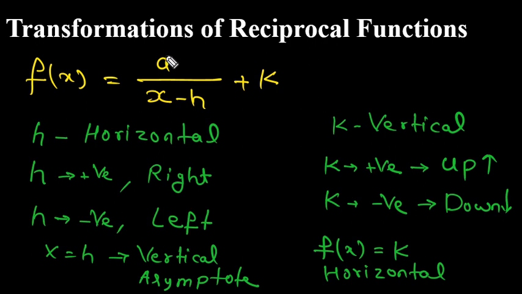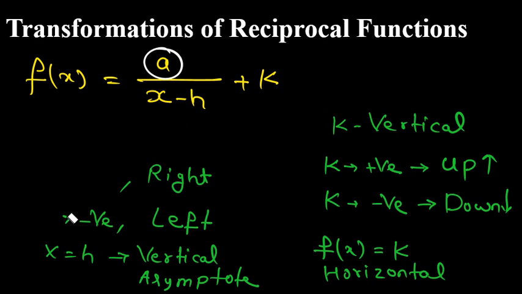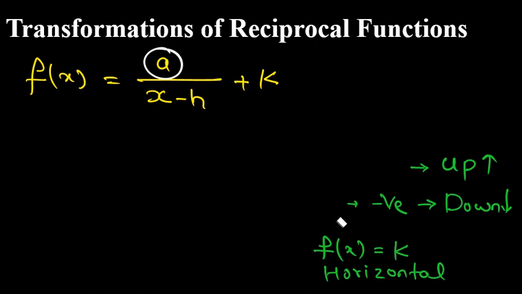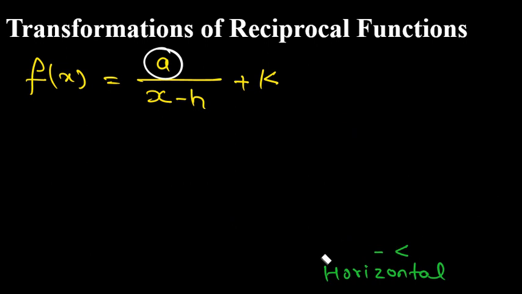Now what is the a here? The a is the representation for the shape and orientation. Okay, so let me just remove this information from here so we can have some space. Now a is the representation of orientation and shape.